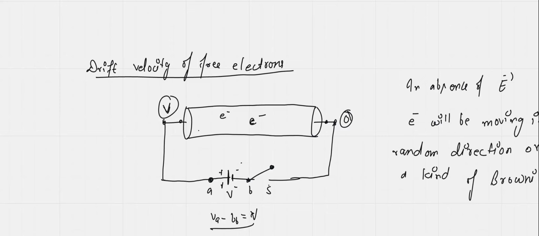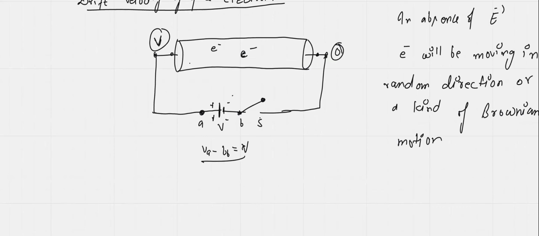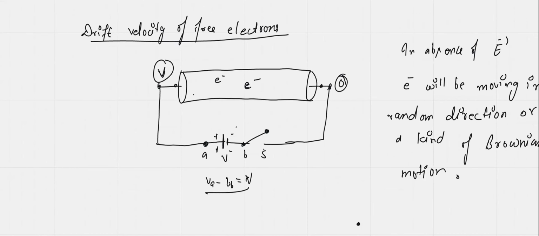An electron moves this way, this way, this way, in very random directions. This kind of motion will be there.